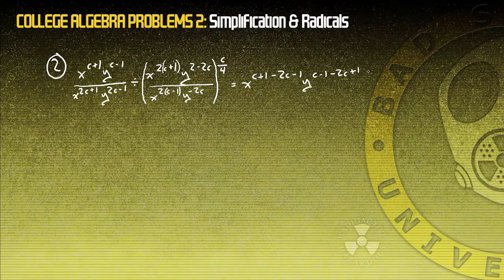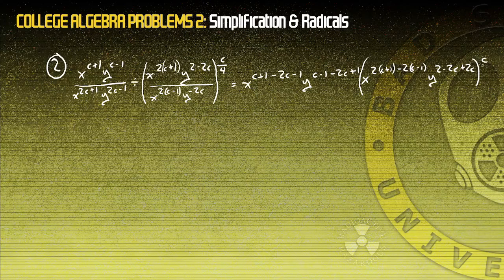And then inside the parentheses you have x to the 2 times c plus 1 would be minus 2 times c minus 1. And then y to the 2 minus 2c. And then you just have plus 2c.